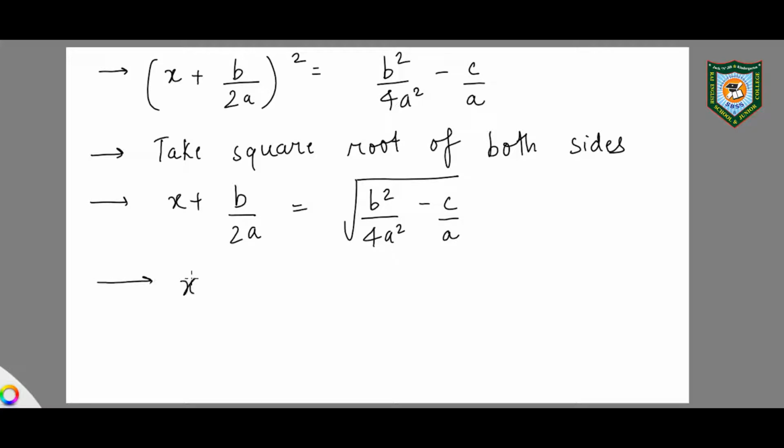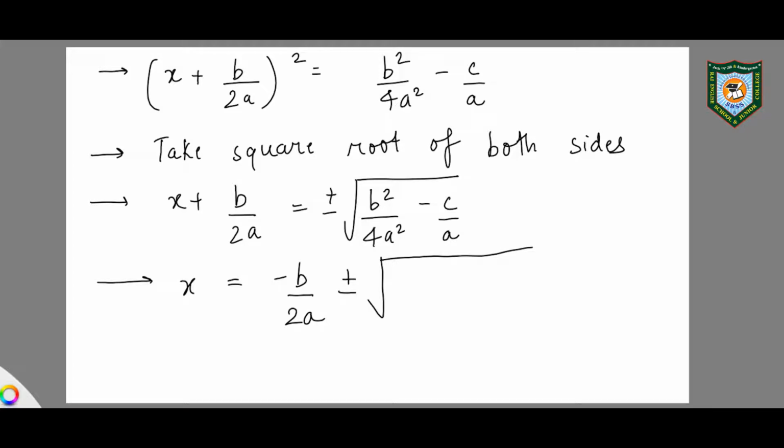Now this means, and this is plus minus. So once I do this, I get x is equals to minus b by 2a plus minus under root.